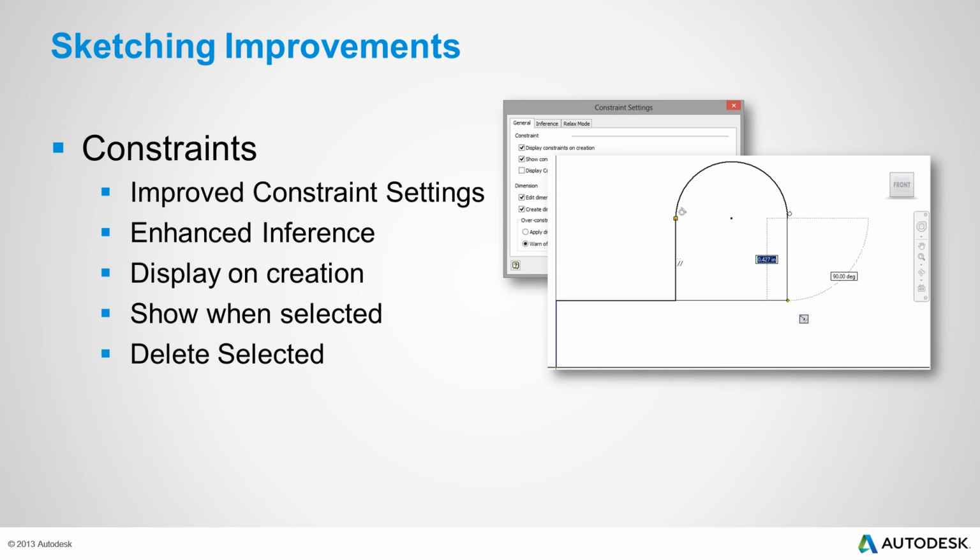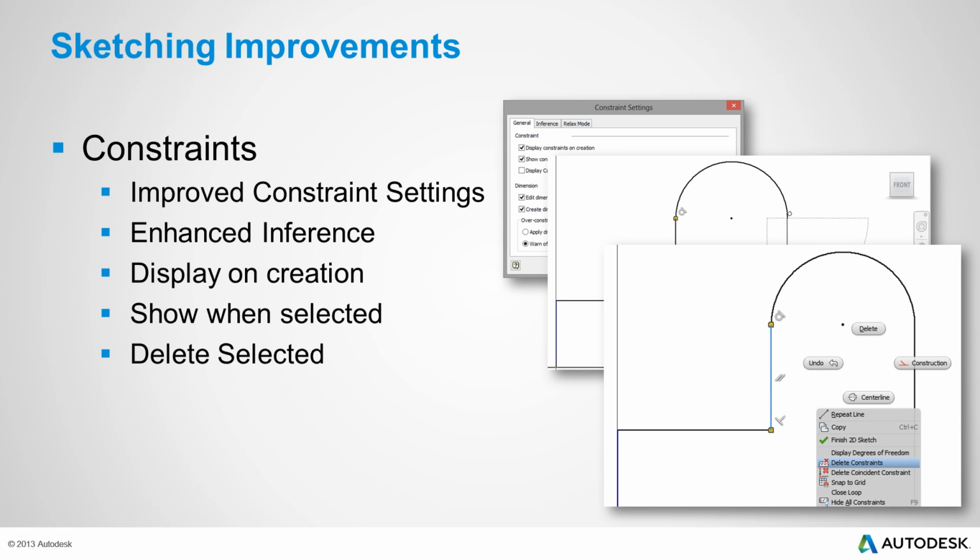Now here's an example of the display on creation. Obviously the distance and angle have always been displayed, but now you'll see the addition of the coincident and tangent constraints being displayed as we are dragging our sketch geometry. Once these constraints are selected, we now also have greater control over how we manipulate them.